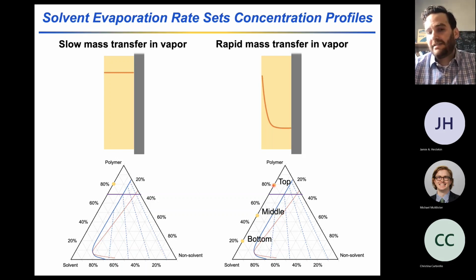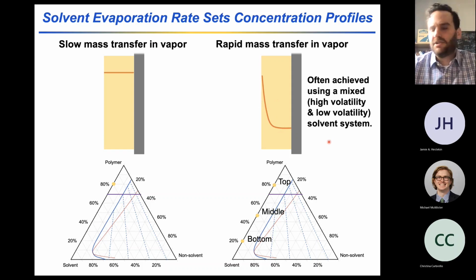I'll just point out that this top portion, by moving above the vitrification line, you can create thin films of dense polymer supported by porous structures underneath. It should also be noted that this is often achieved using a mixed solvent system, so a solvent that has a high volatility like THF or acetone mixed with a solvent that has low volatility like NMP or DMSO.